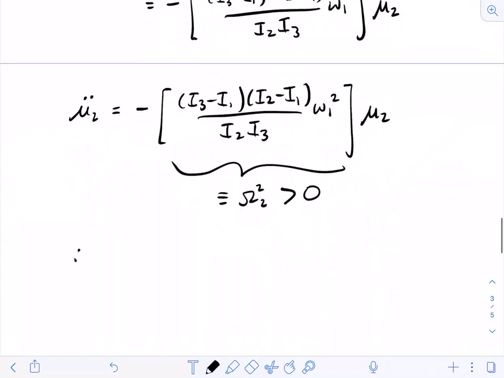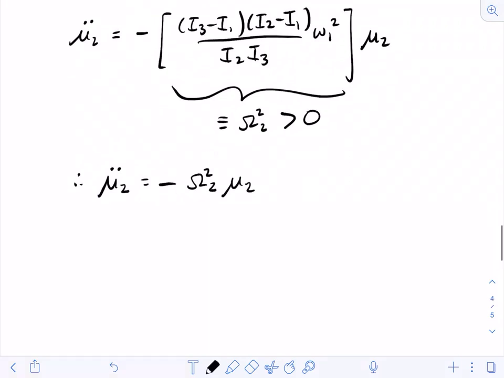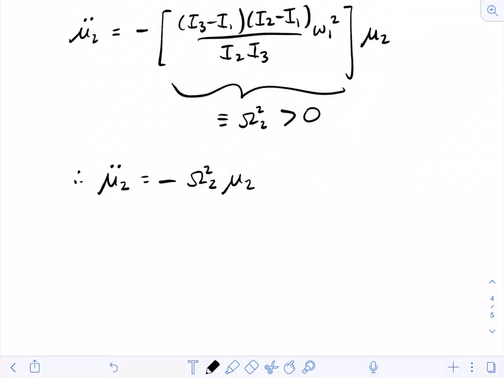And so therefore mu 2 double dot is equal to minus omega 2 squared mu 2. We've seen this kind of differential equation many times now, especially if you think back to Physics 216, where we did oscillators a lot.